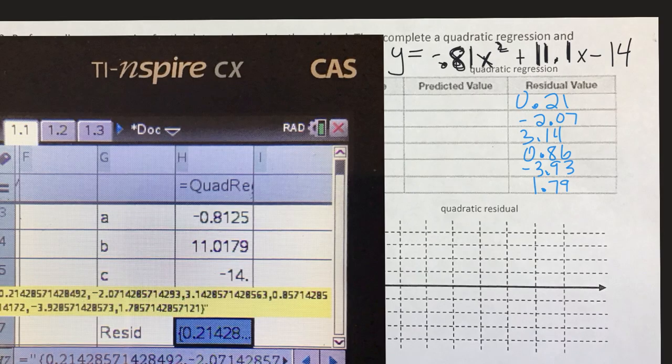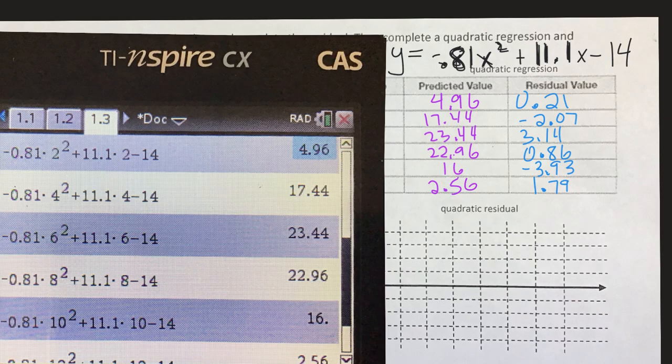Now let's use the calculate function and our equation. We're going to plug this into our calculator, and we're going to get all of the predicted y values. So there are all of your predicted values, right? We use the equation that we came up with from your regression line, and we replaced x with a 2, and then with a 4, a 6, an 8, a 10, and a 12.